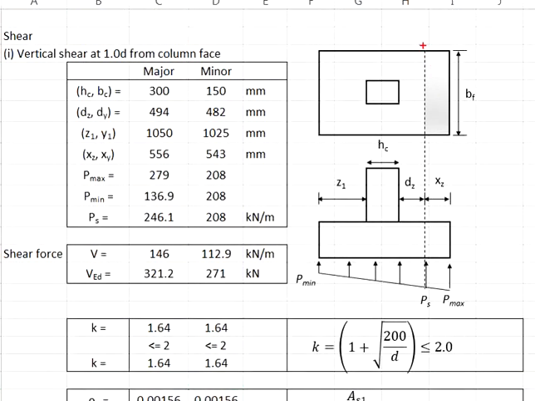The bd for the major axis is referring here, this b and the effective depth in the major axis. As for the minor axis, we are talking about this plane, and the b is now equal to the width times the effective depth in the minor axis.